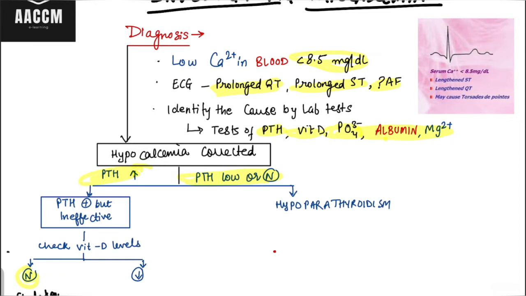Any solutions which contain citrates, as we all know, in case of blood transfusions, the calcium will bind to the citrates and the levels will go down in the blood. Any patient receiving foscarnet therapy, right? Or any patient having ethylene glycol toxicity.